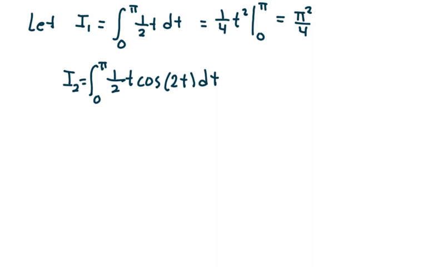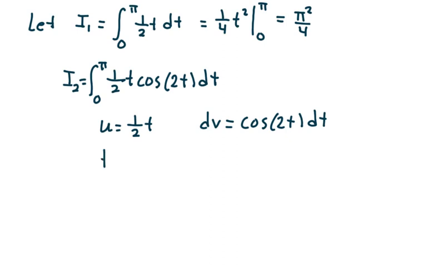Okay, so from here, I'm going to let u equal 1/2 t. And dv is cosine of 2t dt. And so du is 1/2 dt, and v is 1/2 sine of 2t.